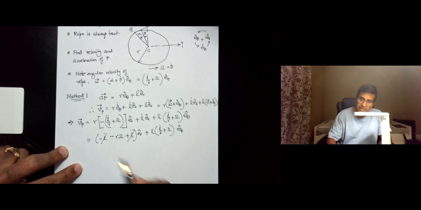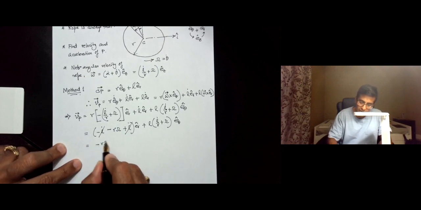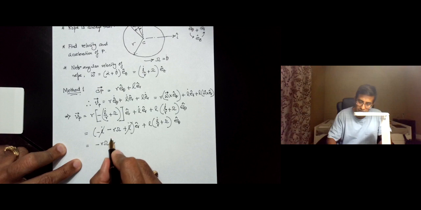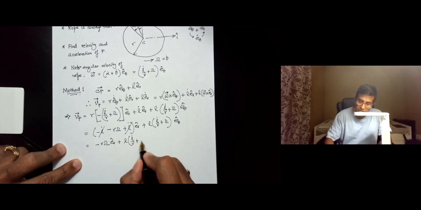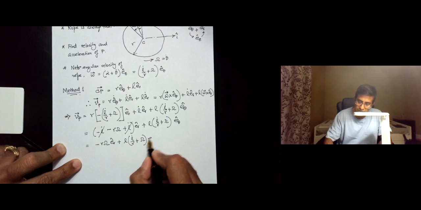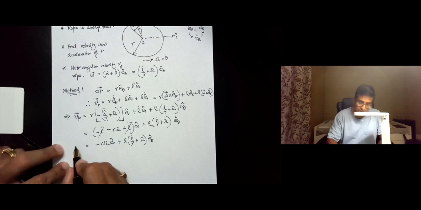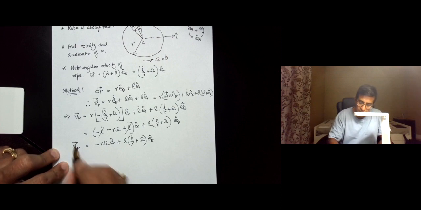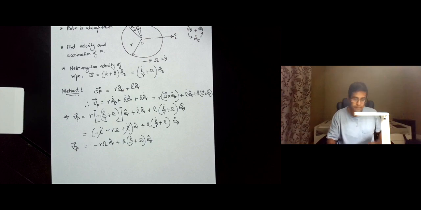So we have a cancellation here, and we end up with negative R capital omega Er plus L times L dot over R plus capital omega E theta. So that's the velocity Vp, and you can verify that indeed using our relative velocity approach we also got the same result.